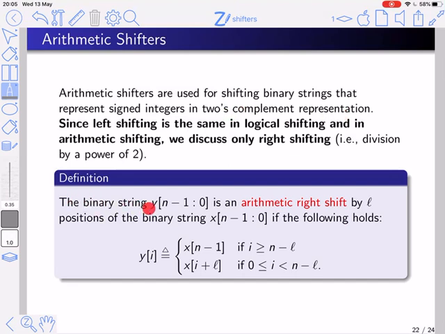Good, so the binary string y is an arithmetic right shift by L positions of the binary string x if the following holds. And what we do here, in fact, this part is standard, and this part is a little bit strange. So let me elaborate on what this part says.